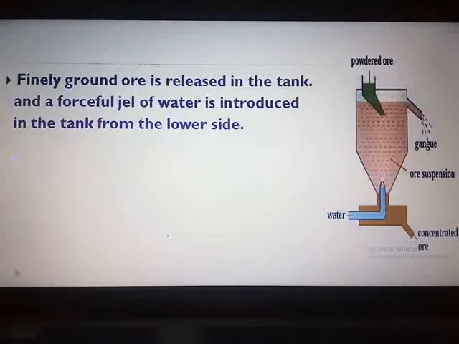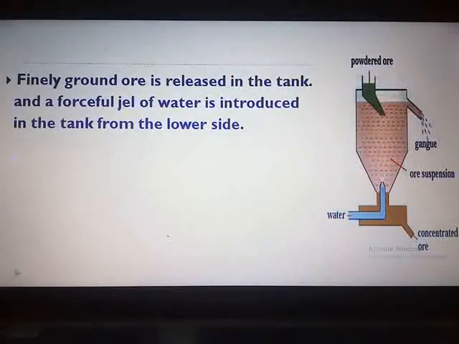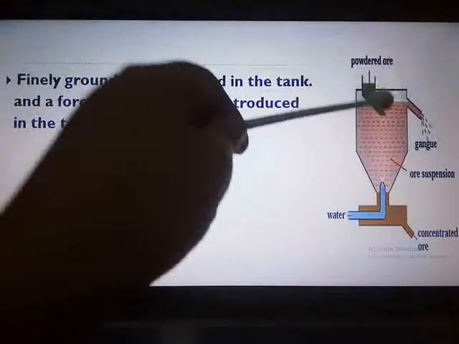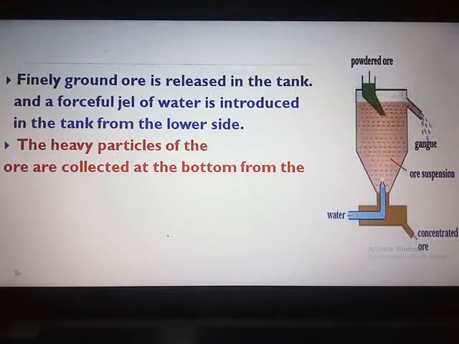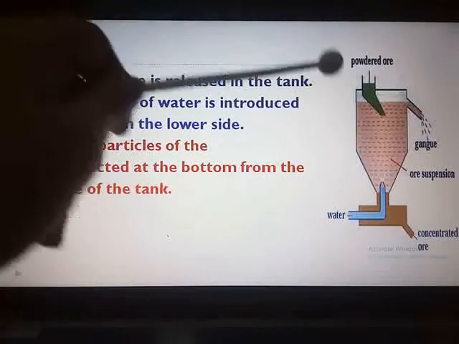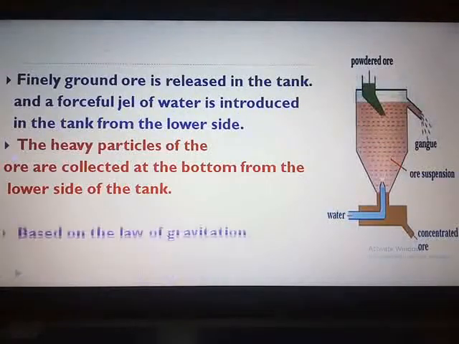Now gangue particles are lighter and hence they will flow out along with the water jet from the outlet on the upper side. You can see gangue particles are lighter in weight and hence they will come out through this outlet on the upper side of the tank and they will get collected separately, and at the same time the heavy particles of the ore which you require are collected at the bottom from the lower side of the tank.